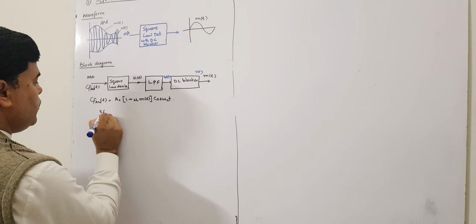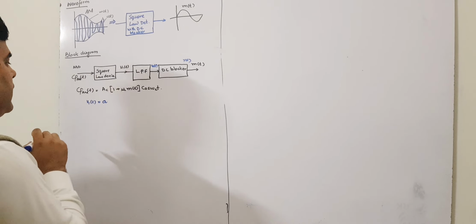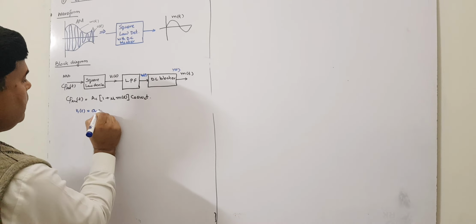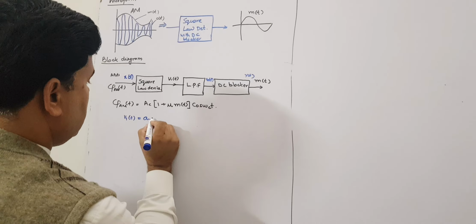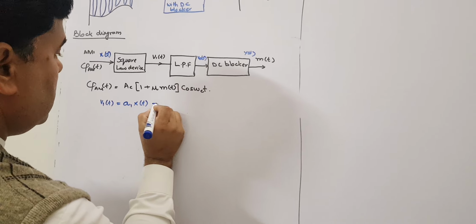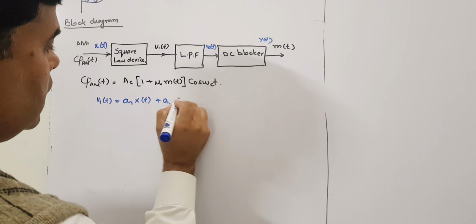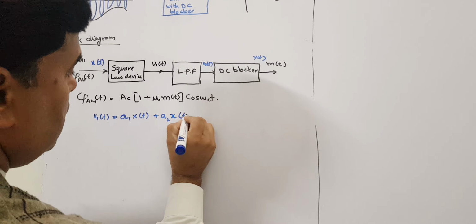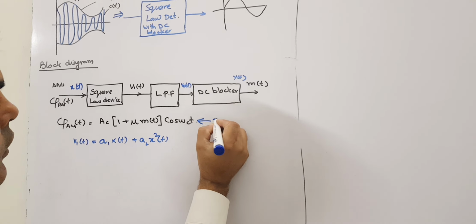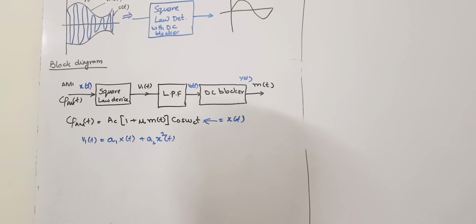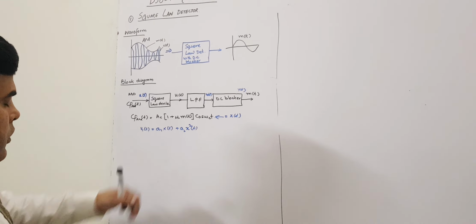We know V1(t) is equal to a1 x(t) plus a2 x square(t), where this one is x(t).